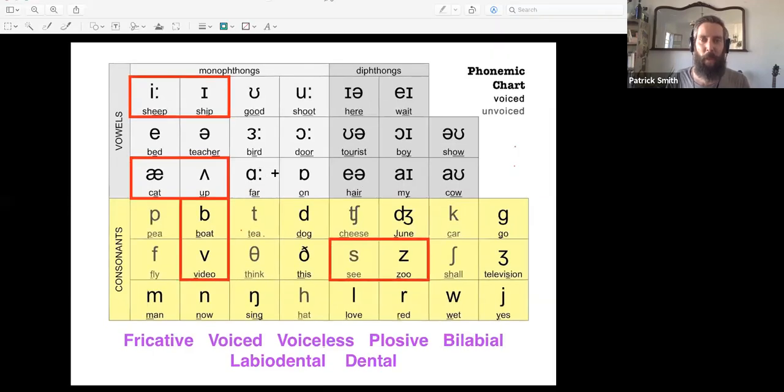Okay, so this is a phonemic chart. All the symbols that you see on this chart are what we call phonemes. Each symbol is a phoneme, one of these indivisible units of sound.